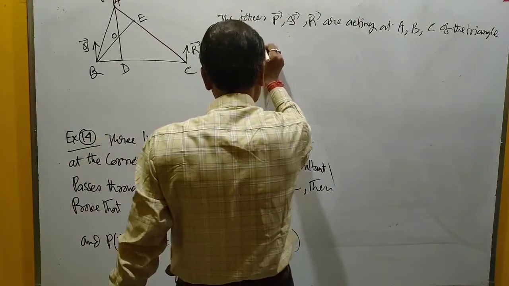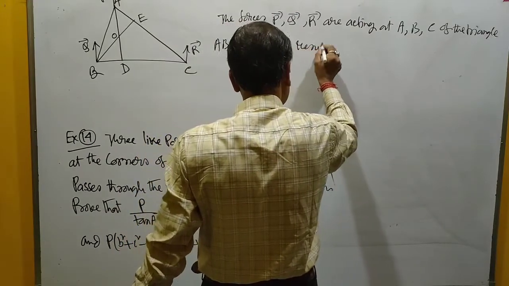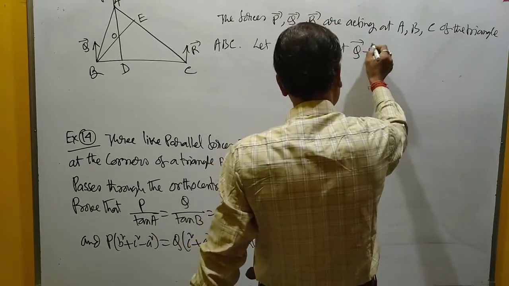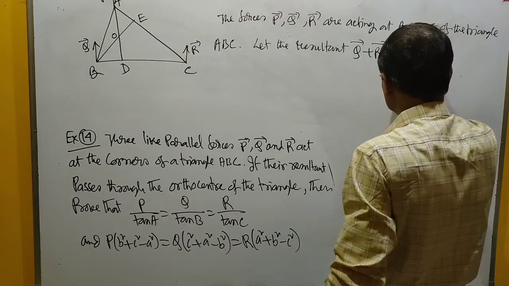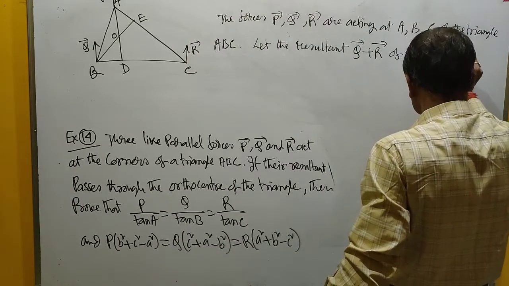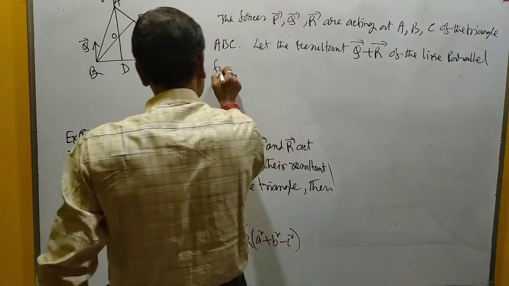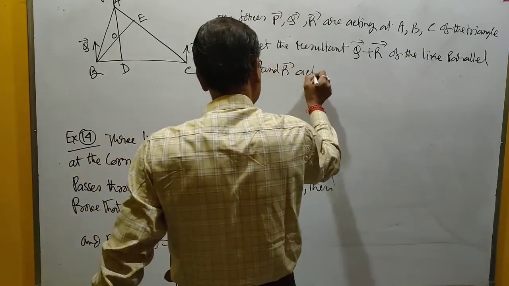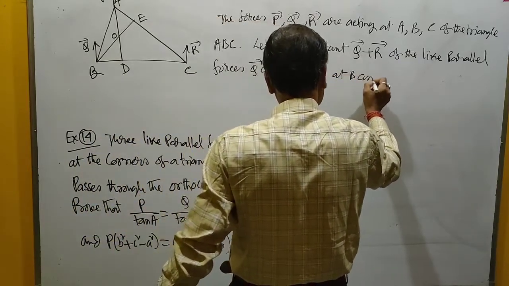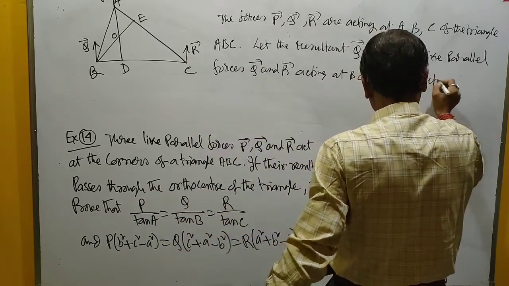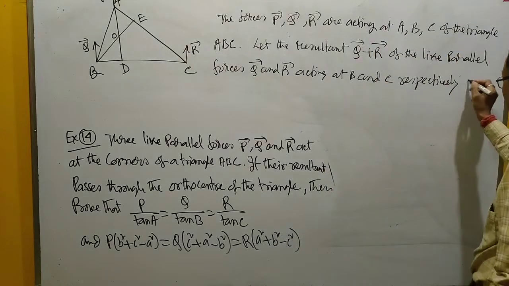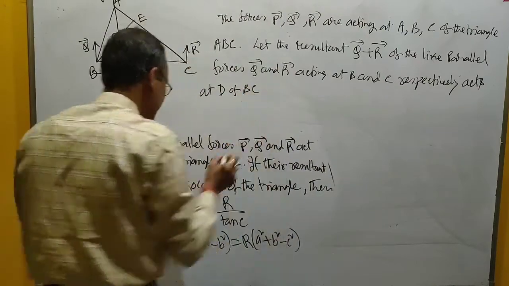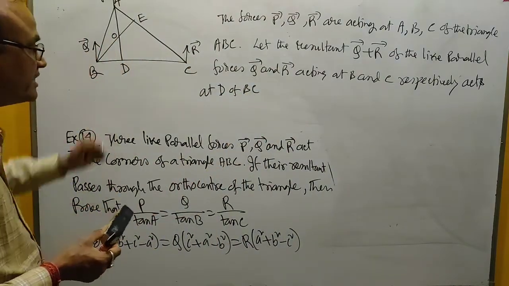Let the resultant of Q plus R, magnitude Q plus R, of the like parallel forces Q and R acting at B and C respectively, act at D of BC.